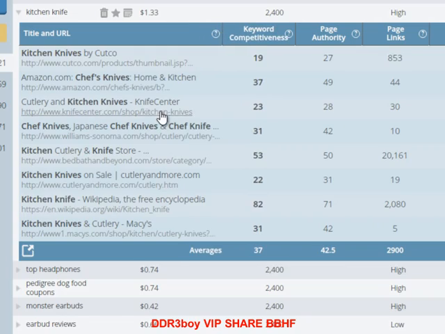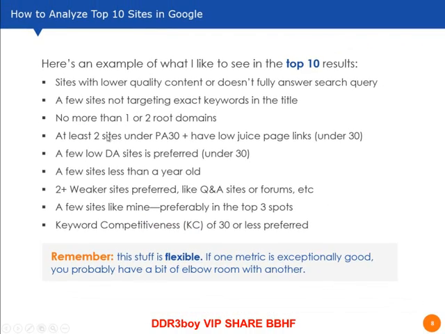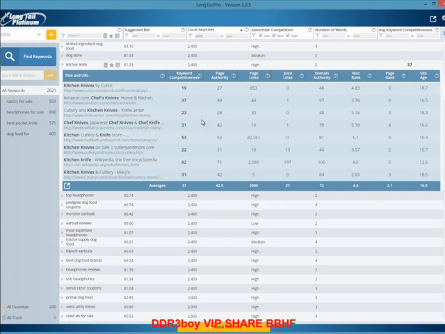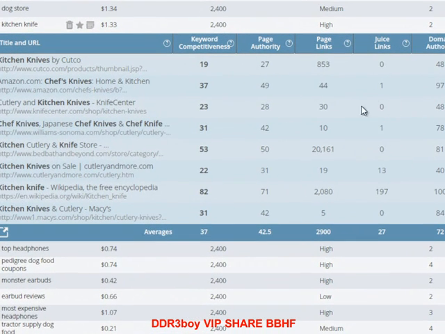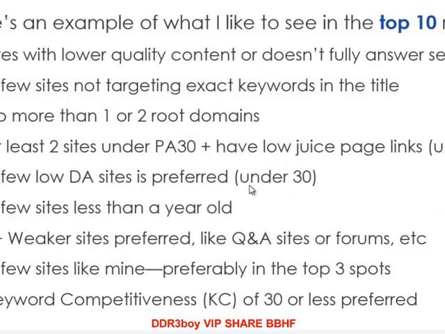All of these are subpages. Next, at least two sites under a page authority of 30 with low juice links. Let's take a look. Page authority, there is one and it does have low juice links. There's two and it does have low juice links. So we actually do meet that criterion, but there's still more to look at.